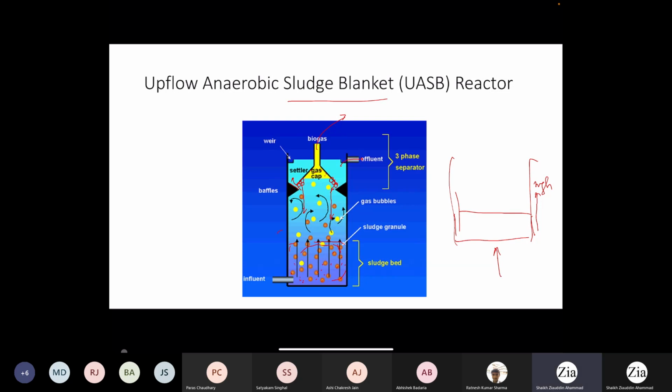So this reactor is quite sensitive. Performance is also not as efficient as ASP, but the advantage is that the operation cost is very low, and you also generate revenue by producing biogas and fertilizer after digesting the granules.